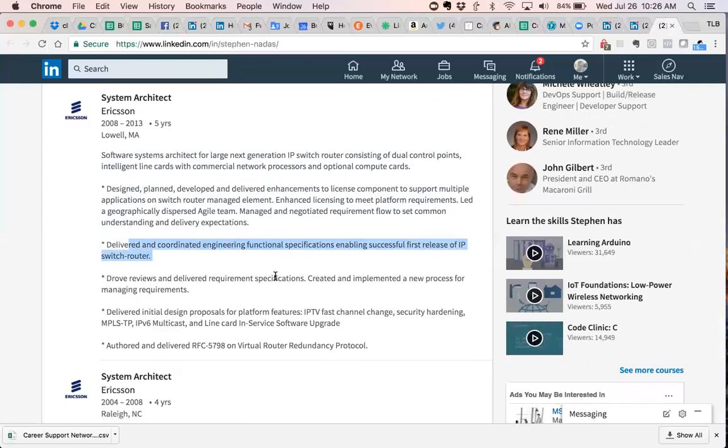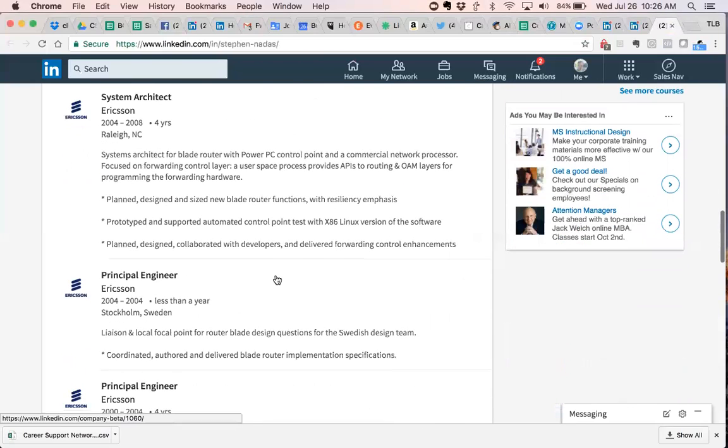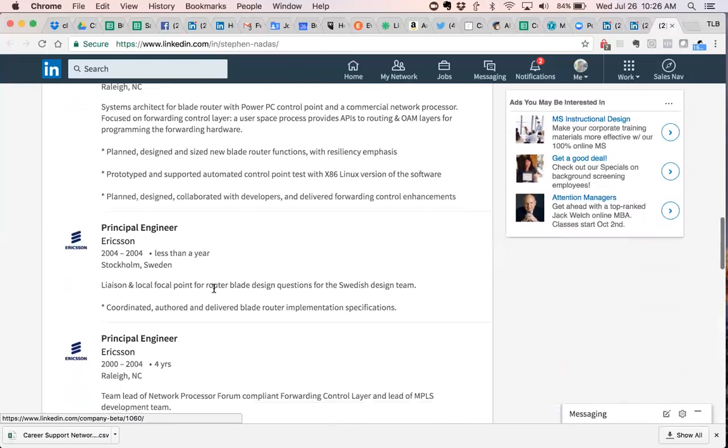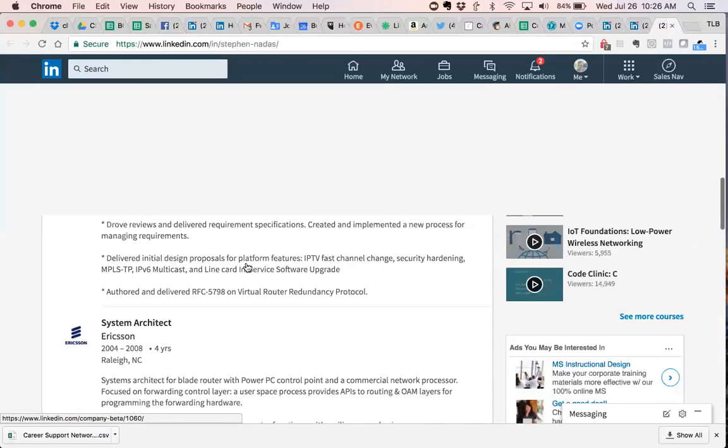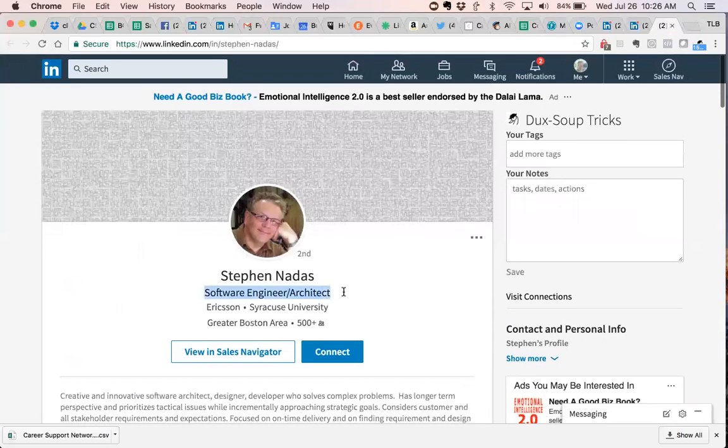That's good motion forward, Stephen. You know, liaison, but how did your role as a liaison help create the best possible router implementations, et cetera? So really talk about in your previous roles what you did to create value, focused on what you're saying you want to do.